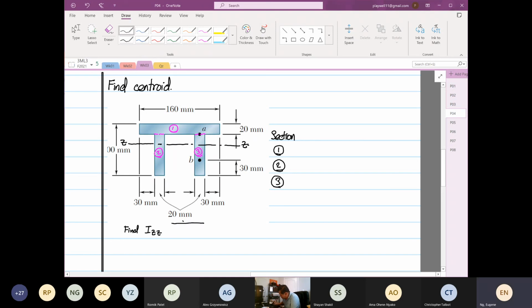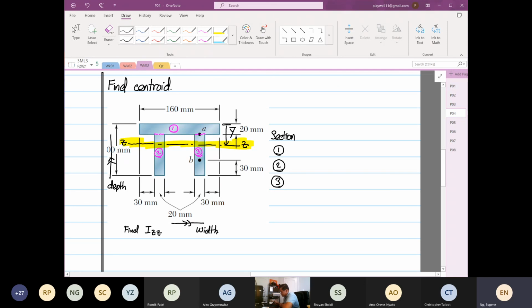So relative to the ZZ axis, this will always be our width, and this distance, this geometry in this orientation, will always be our depth, because we want to find IZZ. So I want to find big Y bar, not small Y bar. Capital Y bar.